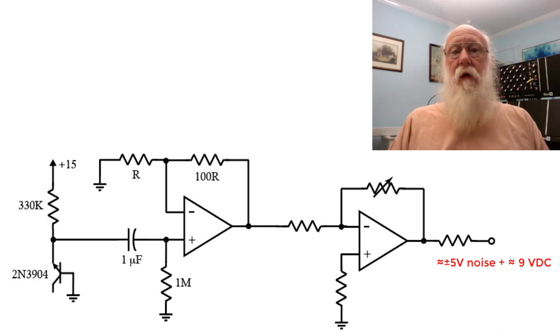Now, this first may cause problems if we feed this signal into other modules within our overall music synthesis system. And secondly, once that DC offset gets up to around 10 volts, it's going to begin clipping one side of the noise signal as it hits the saturation voltage. Now, you may say, well, it's just a noise signal. Why do I need to worry about a little bit of clipping?